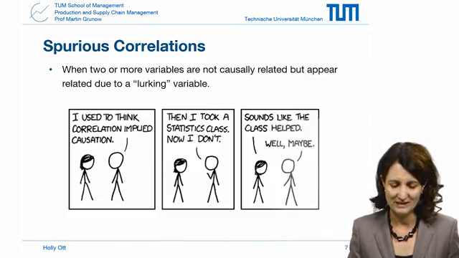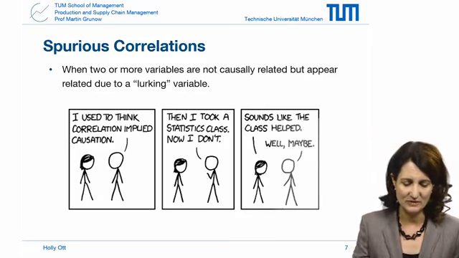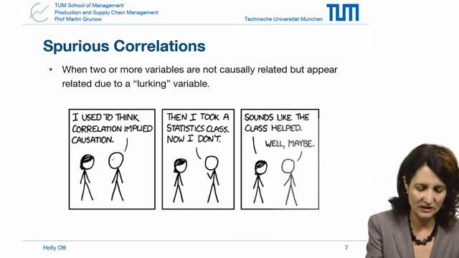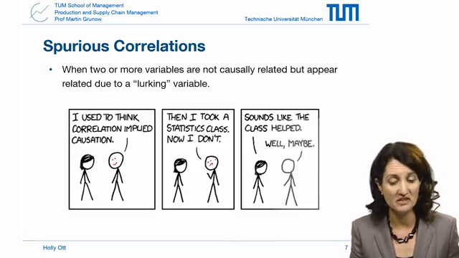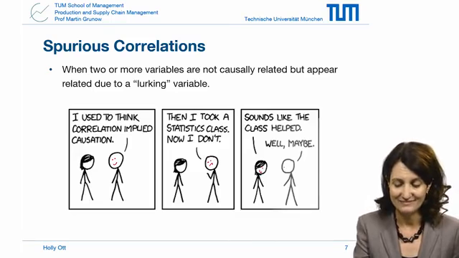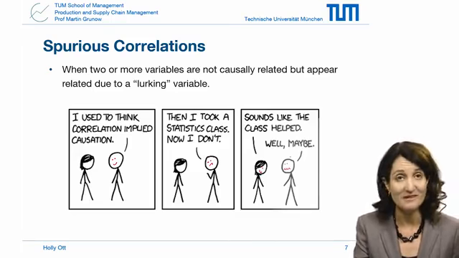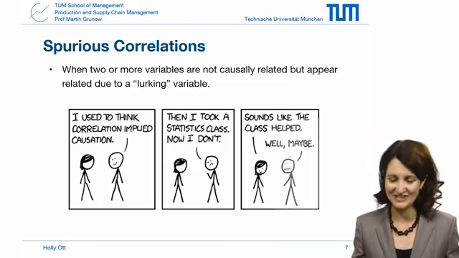And this was a cartoon that applied to my statistics classes. So this person says, I used to think that correlation implied causation, but I took a statistics class and now I don't think that. And the other person says, well, sounds like the class helped. And he says, well, maybe. He's not sure he will now admit that there's a causal relationship.